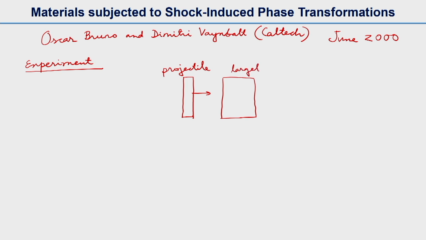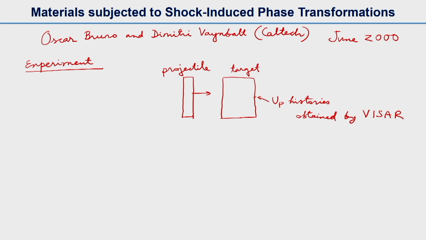The particle velocity histories, the UP histories, are obtained by VISAR, which we talked about, the velocity interferometer system for any reflector.